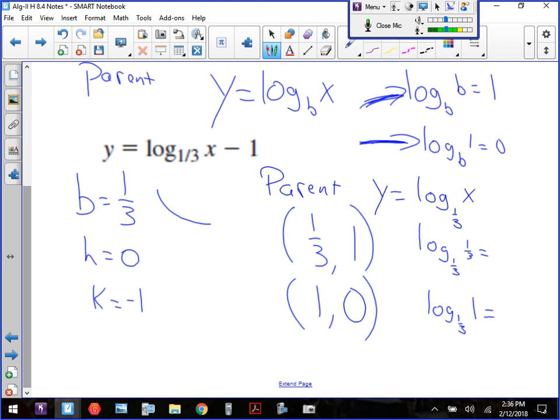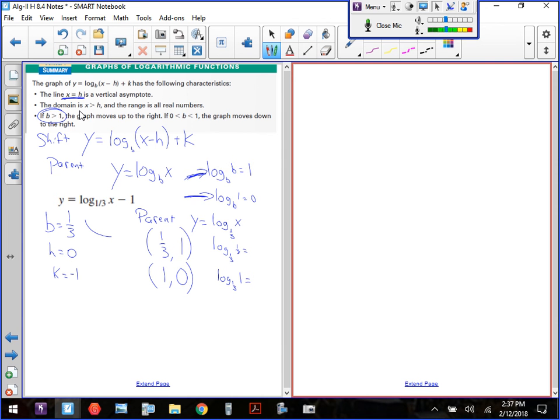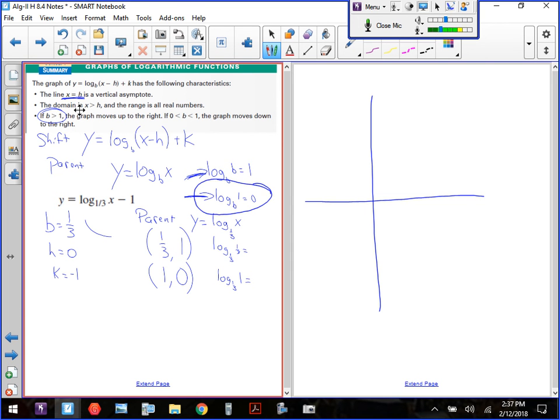So when I go to plot stuff, where is my asymptote going to go? Yes, ma'am. For this one? Oh, remember the property? Log base b of 1 is always equal to 0. So if I choose x to equal 1, log base 1/3 of 1 will always equal 0.